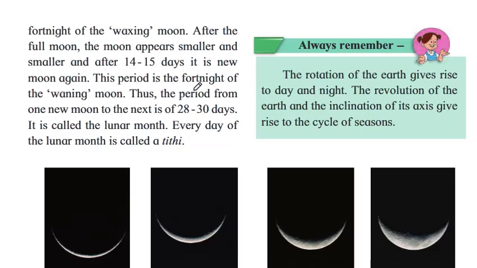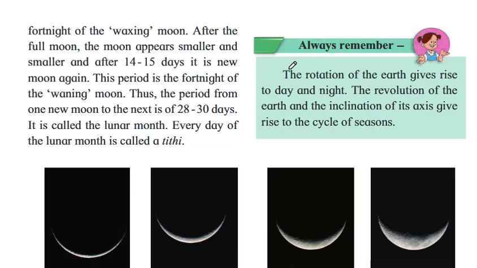Thus, the period from one new moon to the next is of 28 to 30 days. It is called the lunar month. Every day of the lunar month is called a tithi.